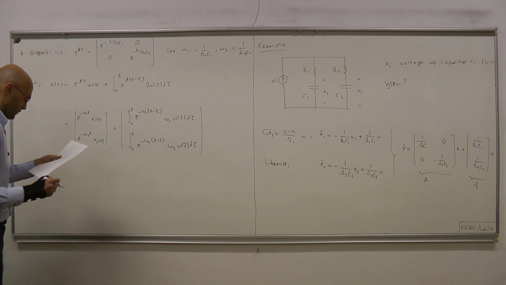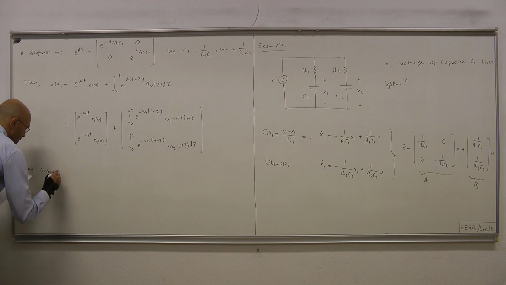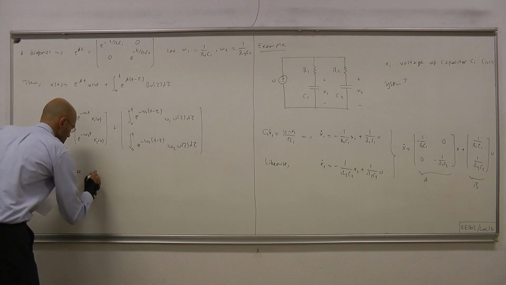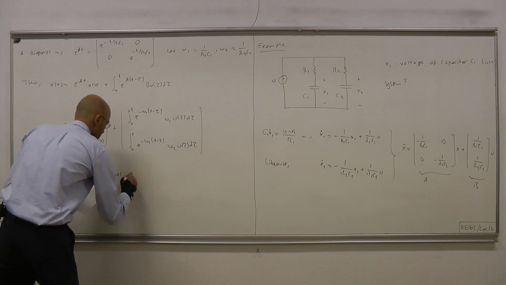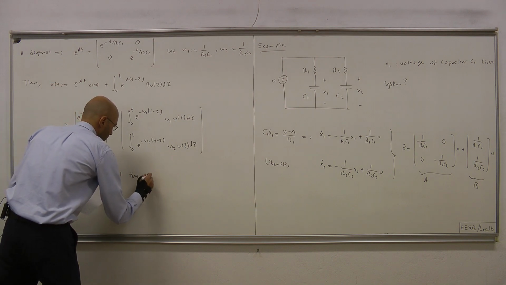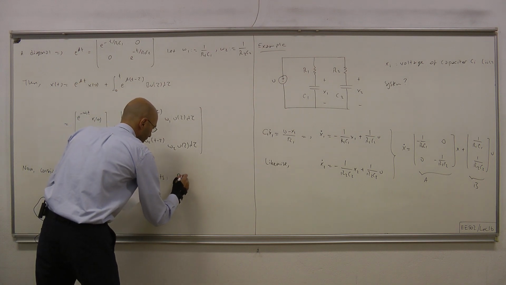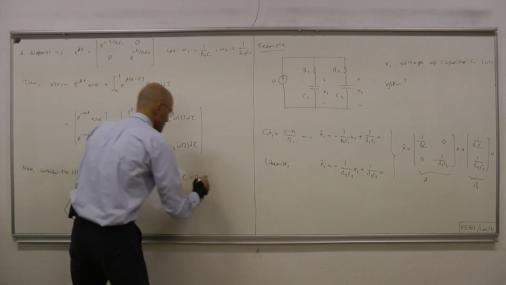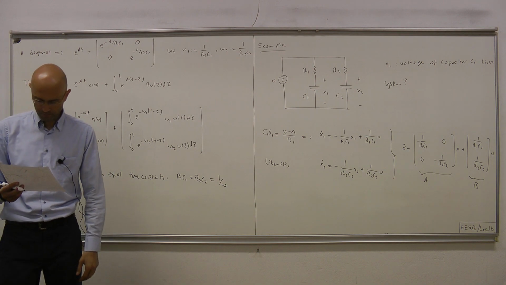Now we're going to consider the case with equal time constants, R1C1 equals R2C2, and that equals, let's call it, 1 over omega.